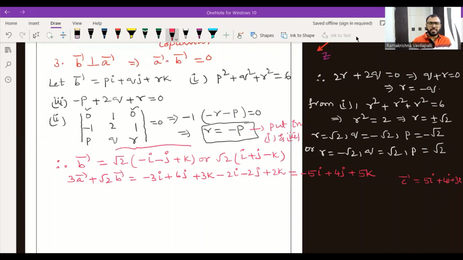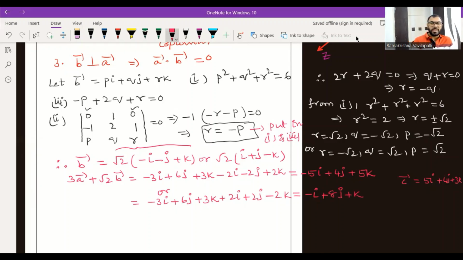Or this is minus 3i plus 6j plus 3k. What is the second vector? You substitute, you will get 2i plus 2j minus 2k. So we get this equal to minus i plus 8j plus k.